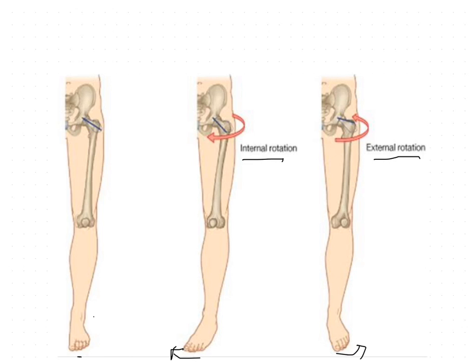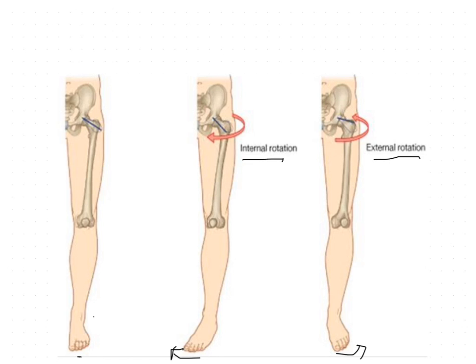Now, what is the range of medial and lateral rotation of the hip? The medial and lateral rotation of the hip are usually measured with the hip joint in 90 degrees of flexion, giving a range of 45 to 60 degrees of lateral rotation and 30 to 45 degrees of medial rotation.